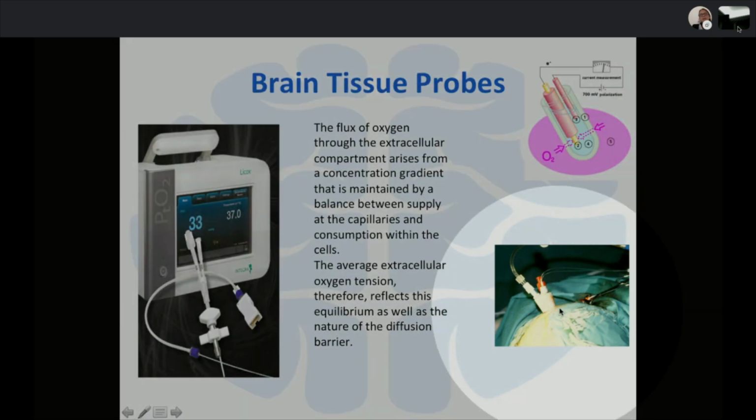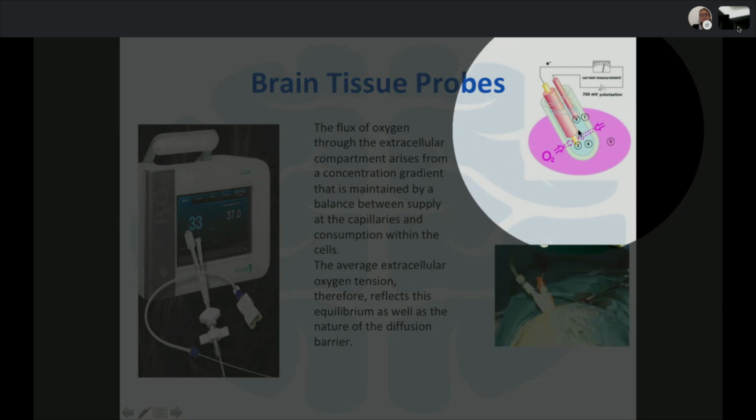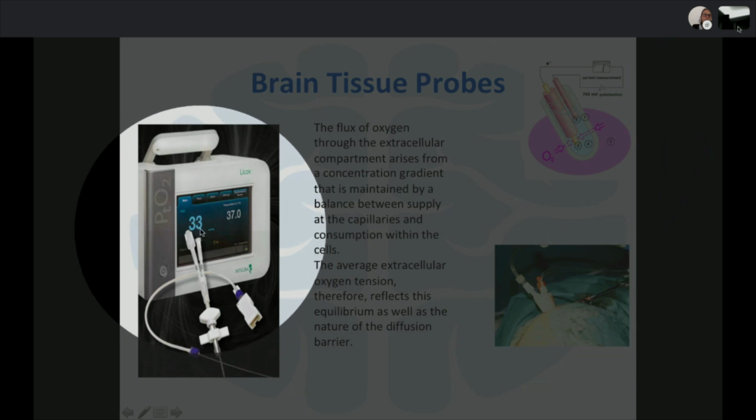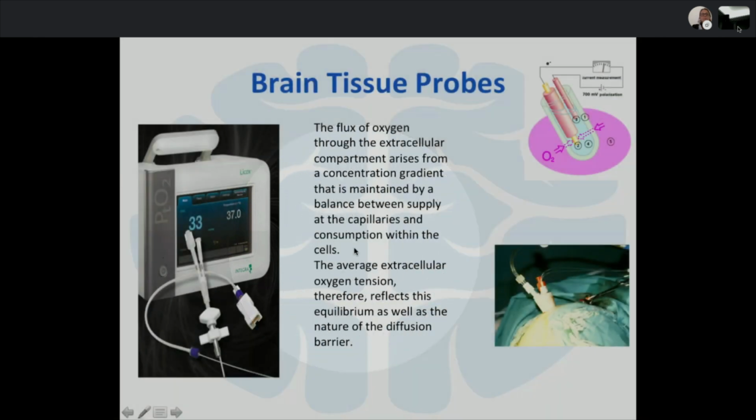And so basically this is the PbO2 catheter, which is based on the Clark method, and this is the machine where you obtain the values of the PbO2 and the temperature of the brain. It's based on the fact that the flux of oxygen in the extracellular compartment arises from a concentration gradient that is maintained and is the result of the supply and the consumption of the oxygen at the brain capillaries.